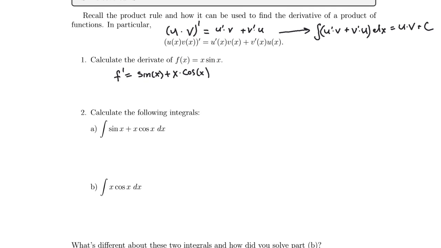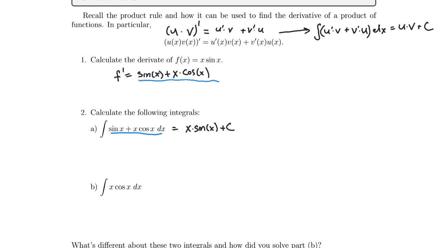All right, and then we see how we can use this to calculate the integrals below. So without thinking too hard, we can calculate integral A, right? Integral A is exactly the same expression that we had up here. So according to our integration rule, this should immediately become x times sine of x plus a constant, right?